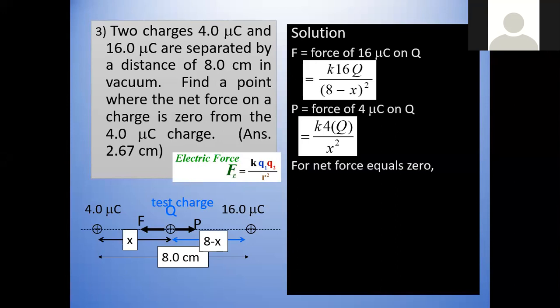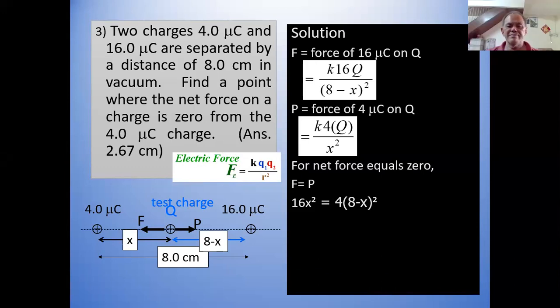Okay, then you equate them to each other. Then cross multiply. You can cancel the K and Q. So 4 cancels, x squared, and 16 also, if you want to.